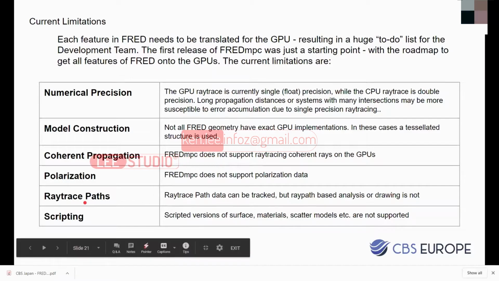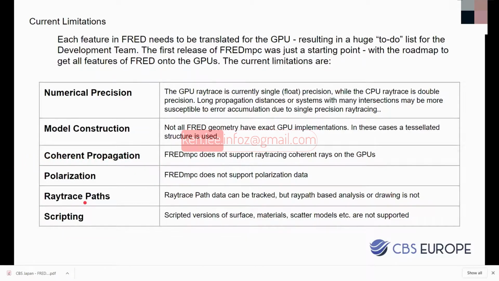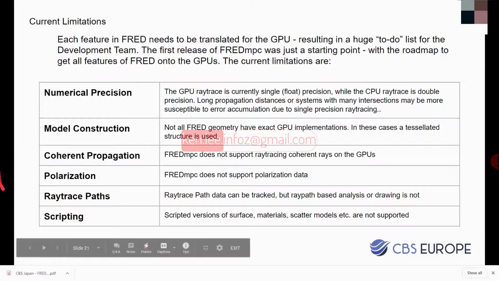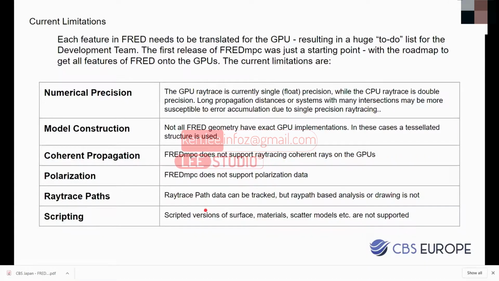In regards to ray trace paths, the ray path data can be tracked on a FREDmpc calculation, but things like filtering the rays based on which ray path they're on, or redrawing ray history for a specific ray path, are not yet available. And then finally, scripting. In FRED, you can create a surface profile using a script, or a material or scatter model using a script.